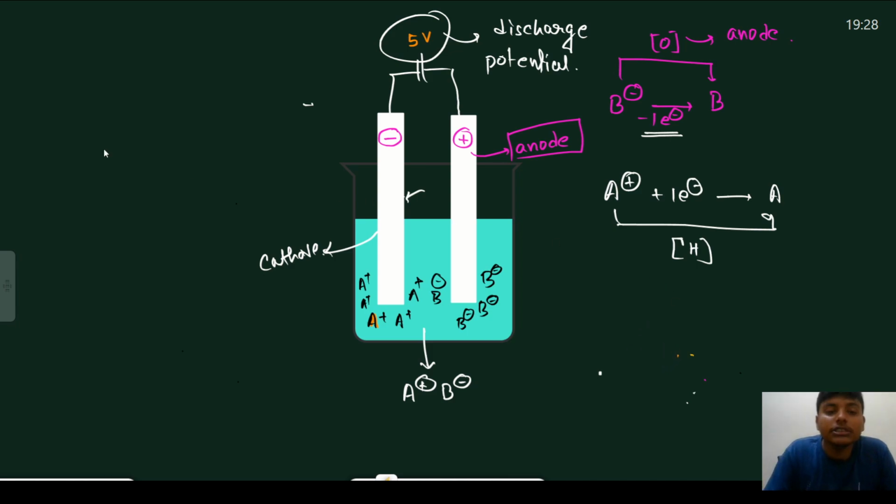Now simply, forget about A plus B minus. Let's suppose we are taking NaCl. So NaCl will be Na plus and Cl minus. Yes or no? You understood the cathode reaction and anode reaction, right?